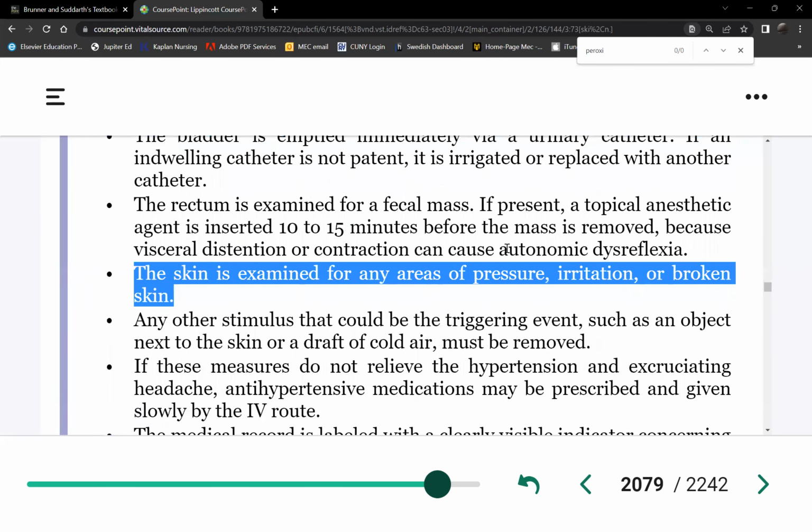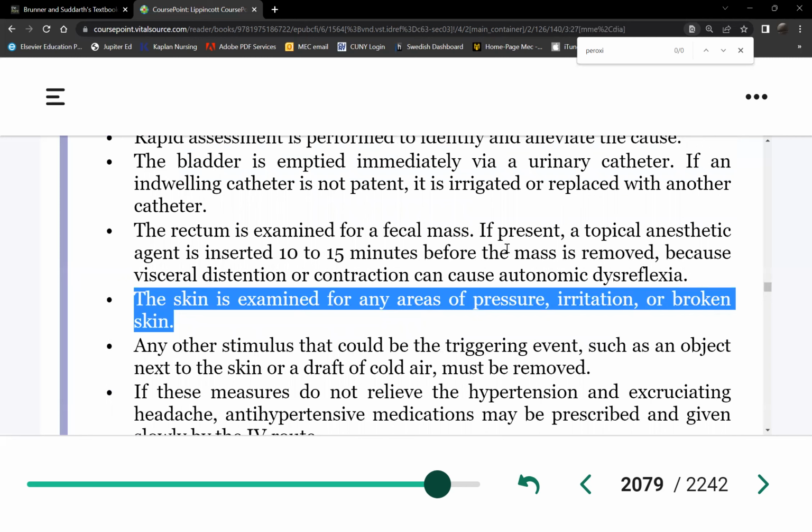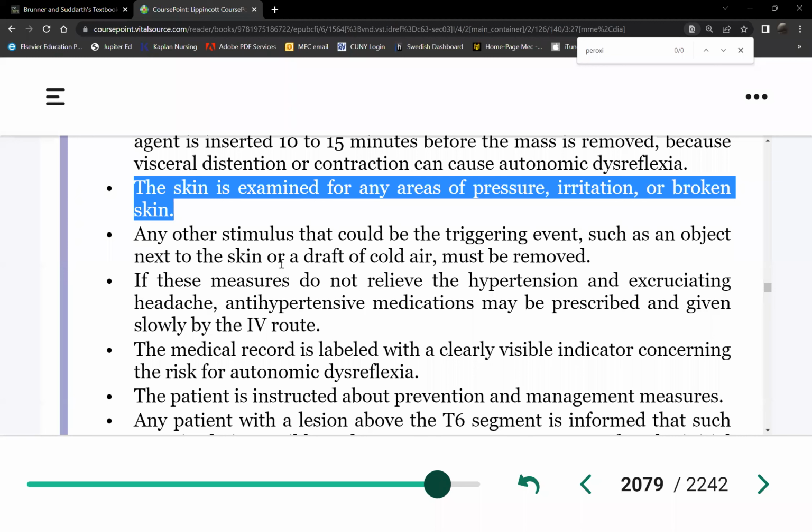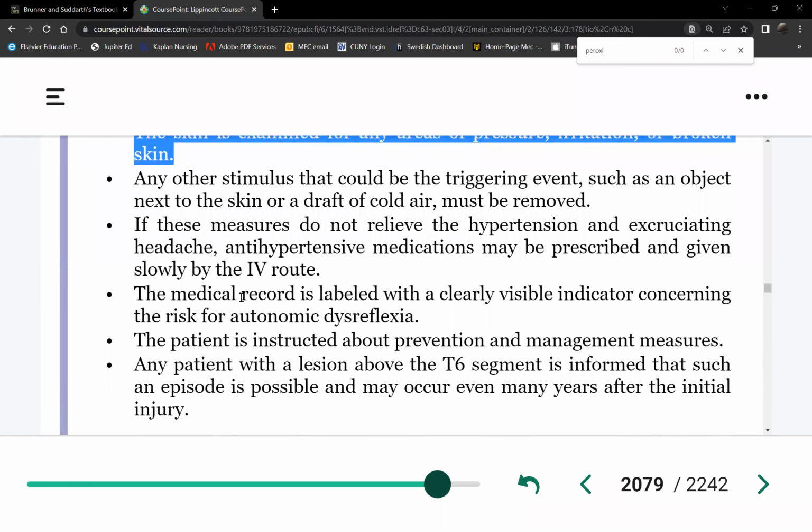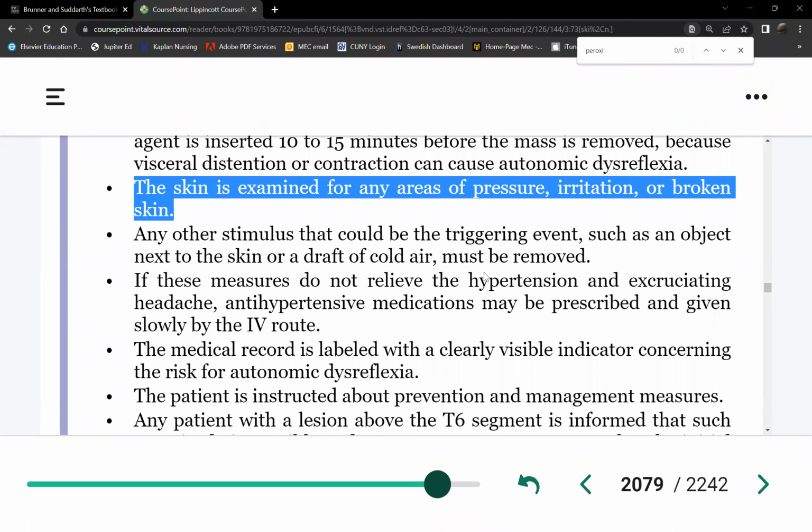Usually the elimination of the trigger starts dropping the blood pressure. However, if the blood pressure remains high, then the patient must be given IV antihypertensives. So same thing as with stroke: labetalol, nicardipine, any IV antihypertensive. The patient also is monitored neurologically, because what could they develop?